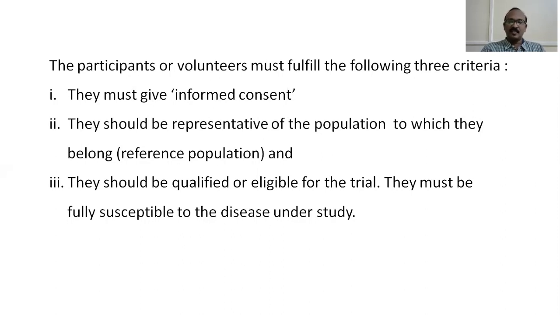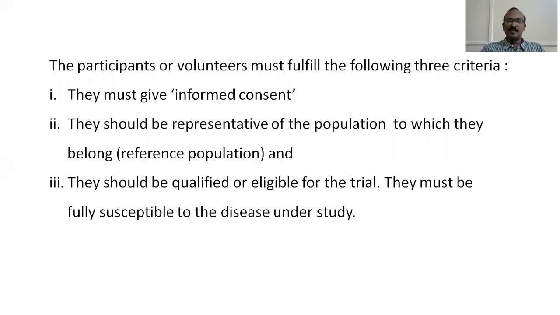So this iron folic acid is usually given to the experimental group, and the control group is usually given a placebo. They must be fully susceptible to the disease under study. So both the experimental and the control groups must be susceptible to the disease under study. Unless they are susceptible to the disease under study, probably this cannot be done.